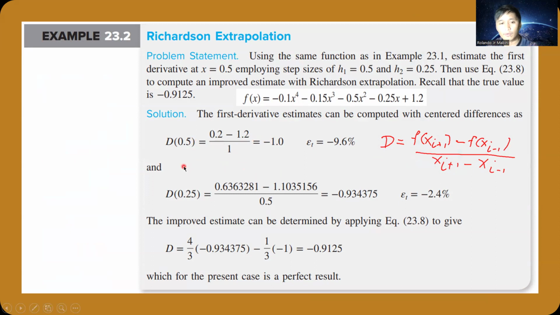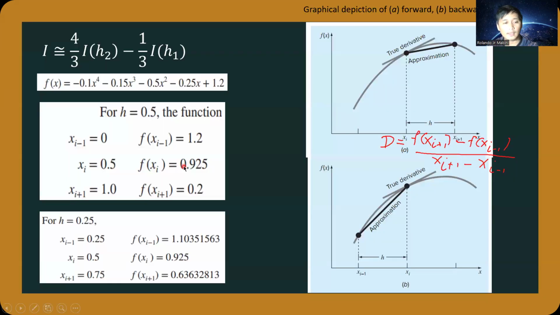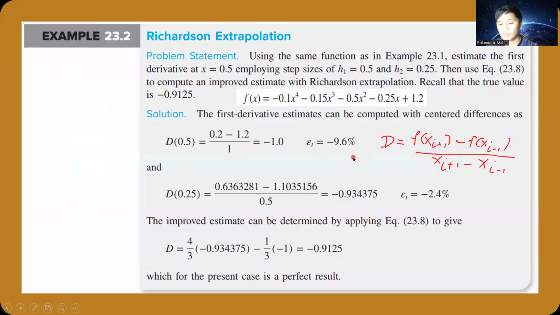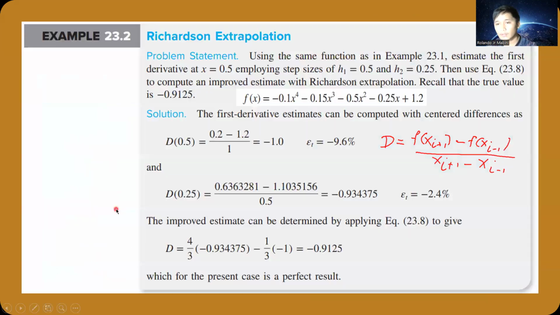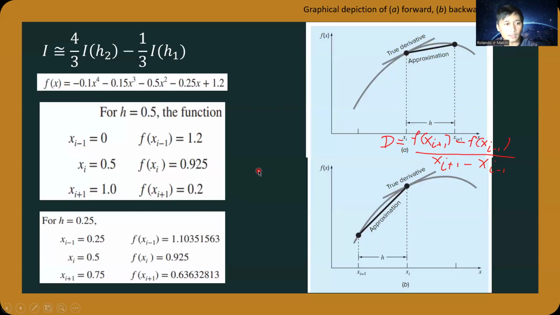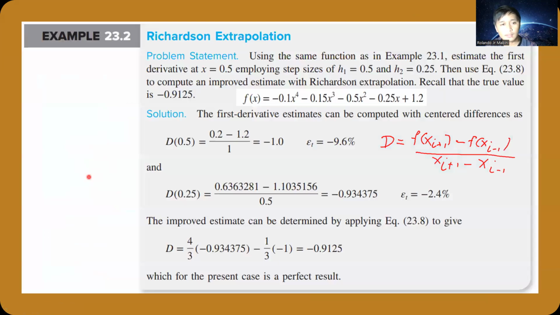And for x sub i plus 1 minus x sub i minus 1, the values are 1 minus 0, so the difference of these two is just 1. So this is for h equal to h1, 0.5.